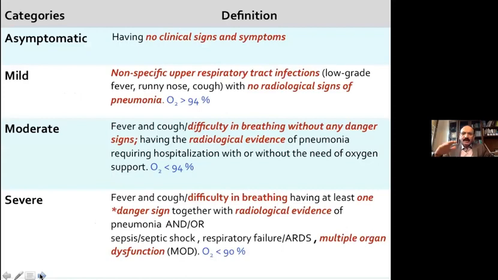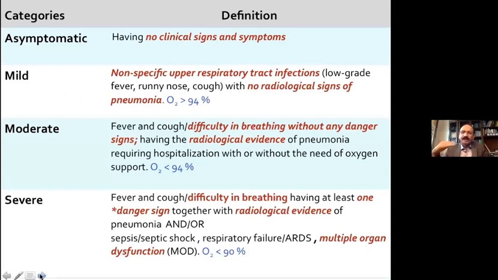Very briefly, we have categorized patients with COVID-19 infection. They can be completely asymptomatic, mildly symptomatic, moderately symptomatic, or severely symptomatic. One of the major ways you differentiate between these categories is twofold: difficulty in breathing without any dangerous signs, and difficulty in breathing with dangerous signs.